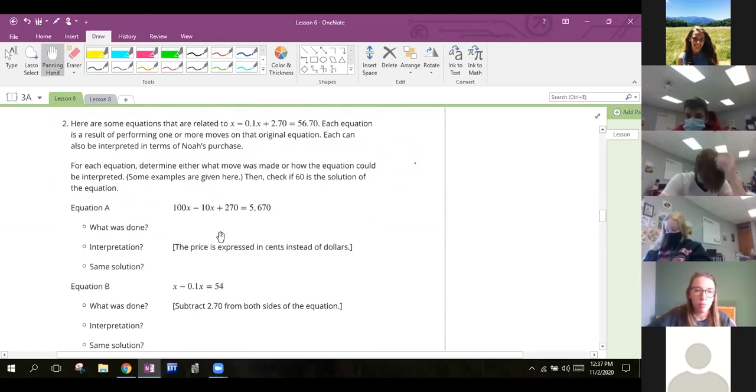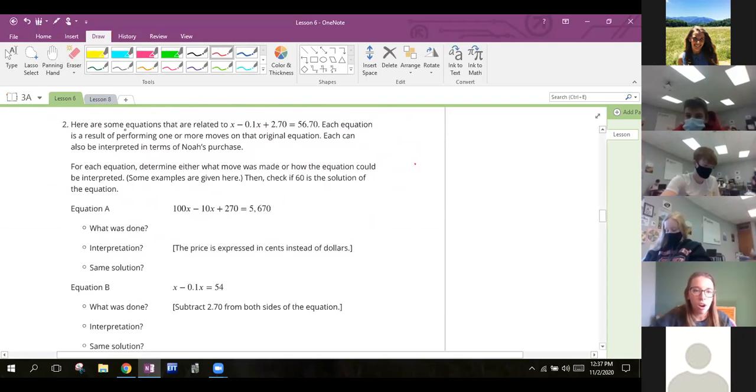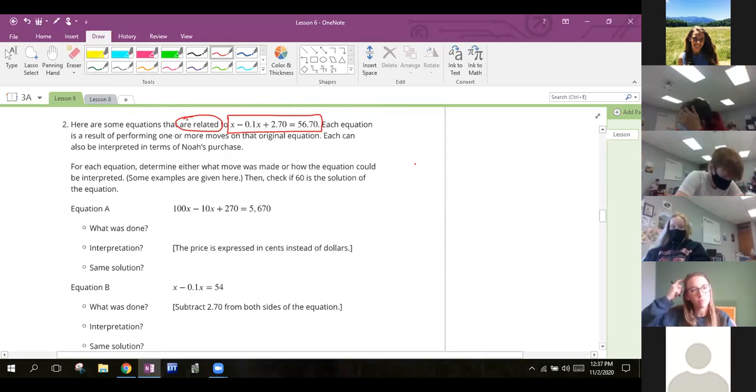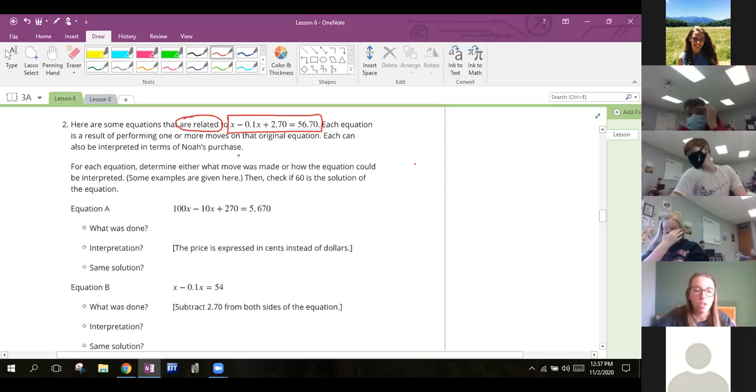So it says for number 2, here are some equations that are related back to the 5670 equation. Each equation is a result of performing one or more moves on that original equation. It can also be interpreted in terms of the jeans purchase. For each equation, determine either what move was made or how the equation could be interpreted.